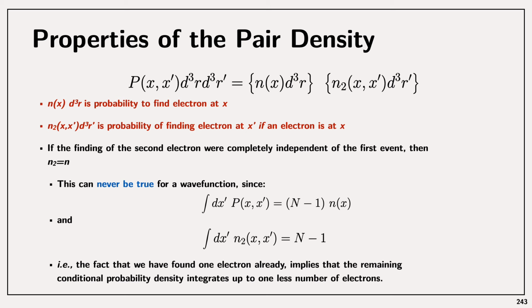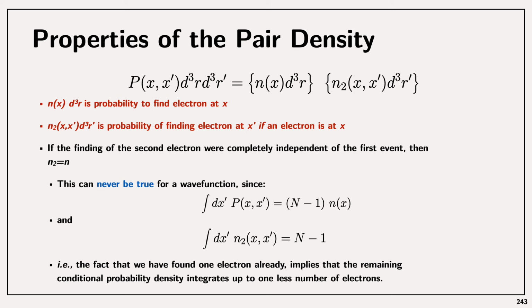You can look at that mathematically from the previous slide, talking about the first integral at the bottom of this slide, or you can just think: if I consider every single pair, and integrate over all the space x prime, of course what I get is the density of one electron being at x times n minus 1, which is all the other electrons. So that's clear. If you're not convinced by the English version of it, you can look at the math.